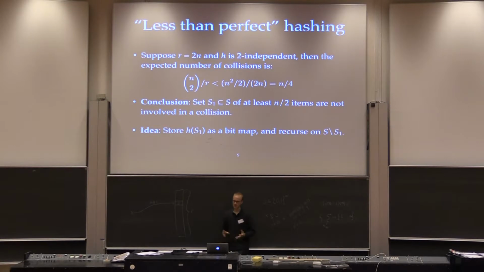So even a pretty weak hash function like 2-independent is actually going to have a lot of items for which it's perfect. Now the simple idea, which only appeared in the literature in the last 10 years for some reason, is simply to store the hash values of these unique items as a bitmap, and then you recurse on the rest of the items.